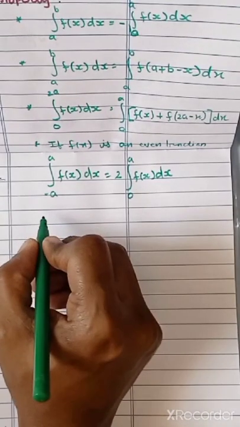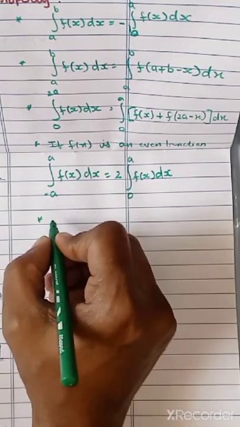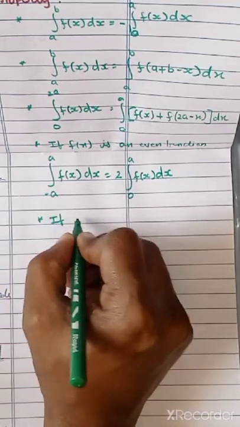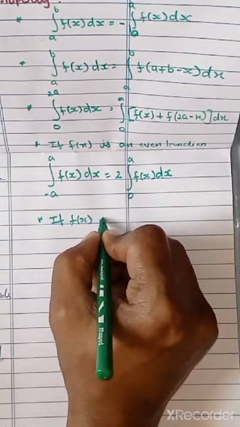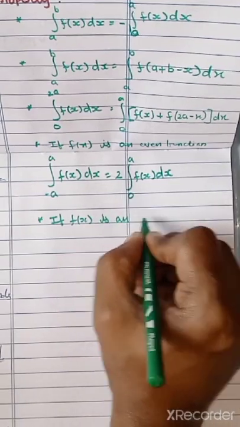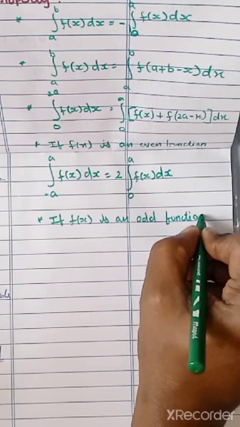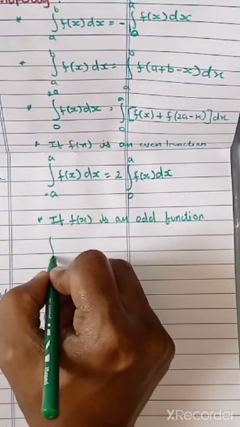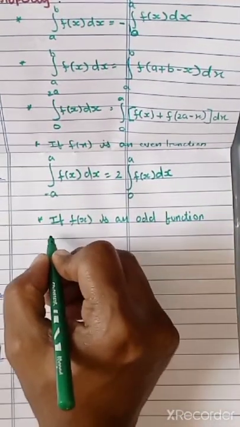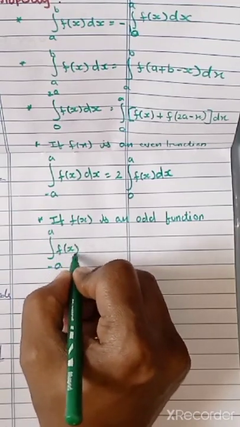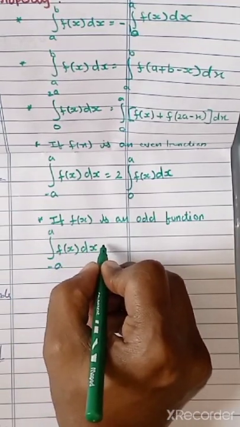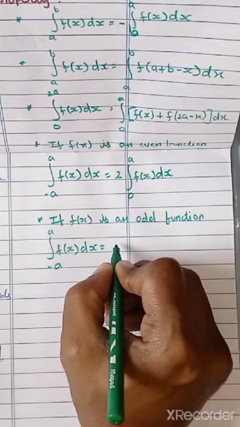Next property. Even function we saw. What is the next one? Odd function. If f of x is an odd function, the same integral from minus a to a f of x dx will become 0.